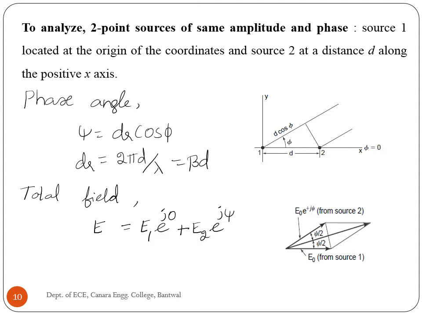Since 2 point sources of same amplitude we are using here, E1 equal to E2 equal to E0. Therefore, total field E is equal to E0 e to the power j0 plus E0 e to the power j xi.